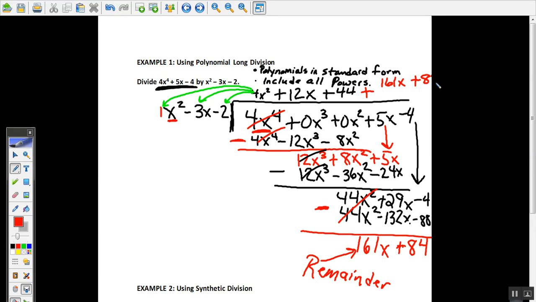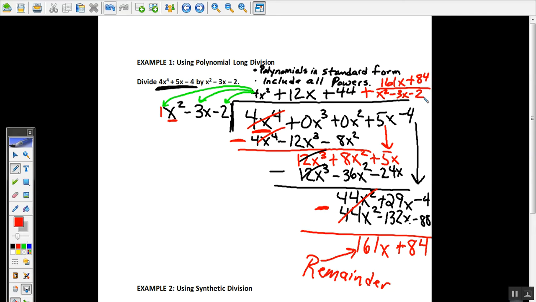Should be an 84 here. Give me a second. Let me fix that. Plus 84 over x squared minus 3x minus 2. That, my friends, is your answer. That's a long laundry list right there, isn't it?